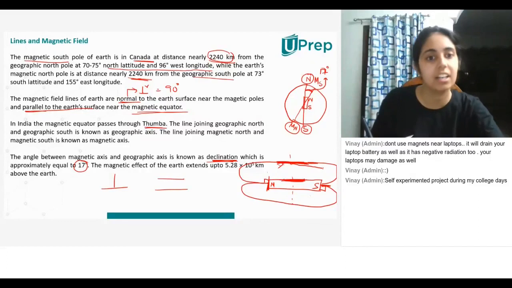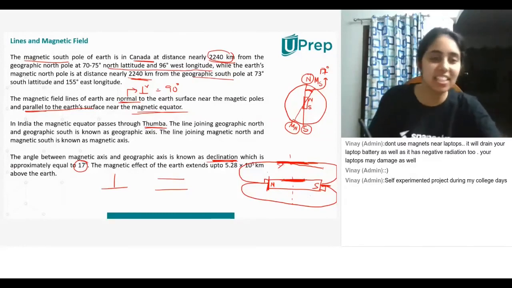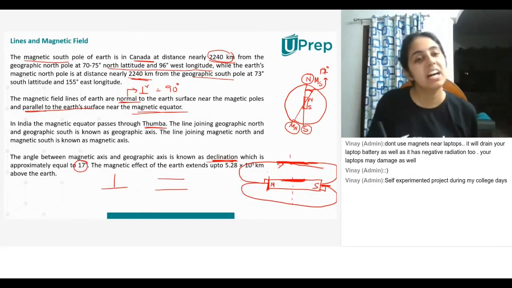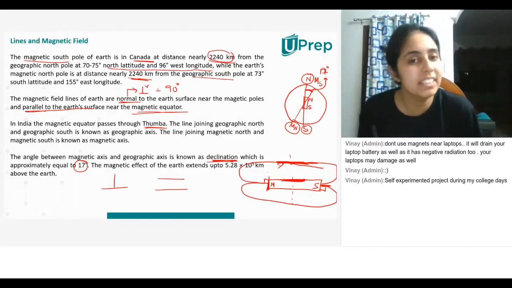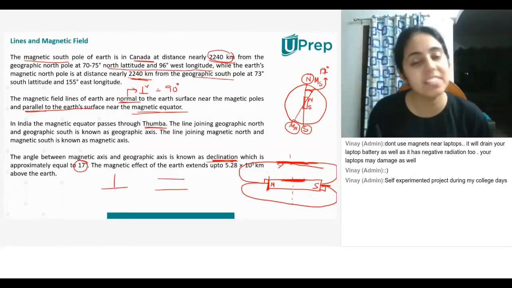I think it's the main center for rockets in Kerala. Ma'am, it's like ISRO. Okay, cool, thank you for sharing. I did not know that. So the magnetic equator passes through Thumba.